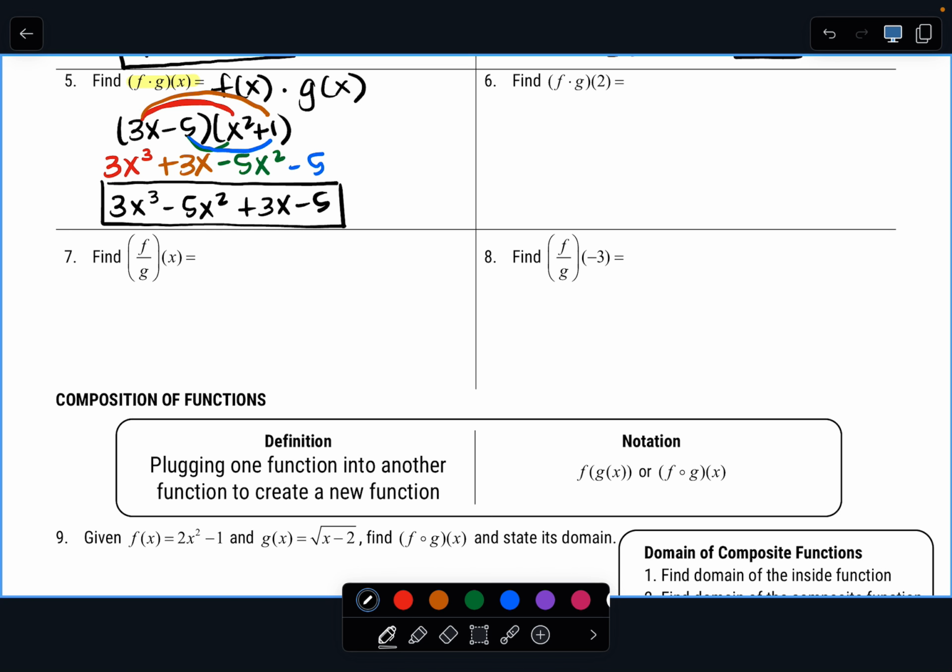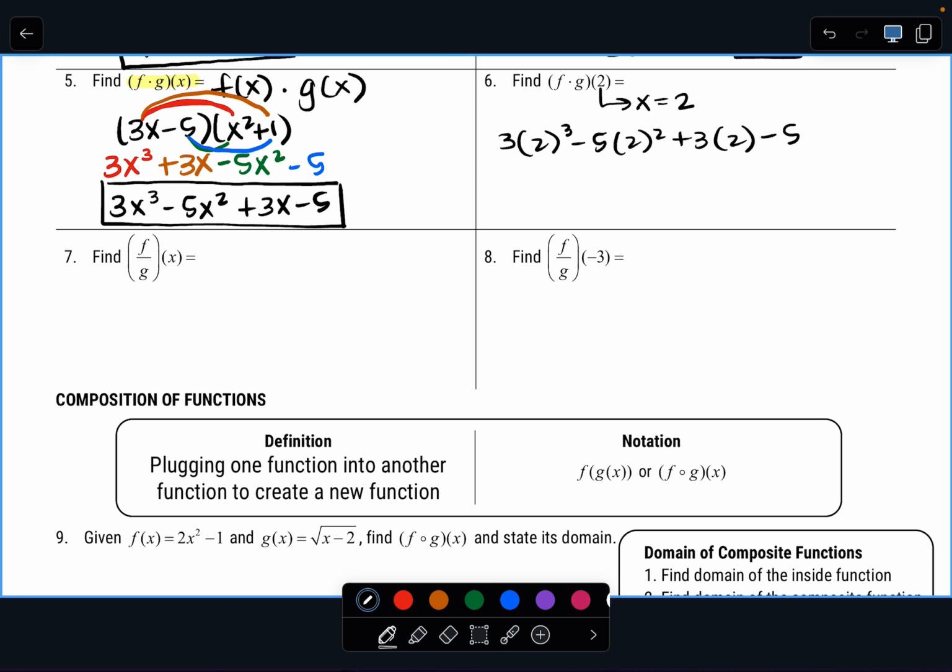Now for number 6, if you see a number here, all that's telling you is to plug in whatever number they give you. They're telling us to plug in the number 2. So I'm going to go in: 3 times 2 cubed minus 5 times 2 squared plus 3 times 2 minus 5.